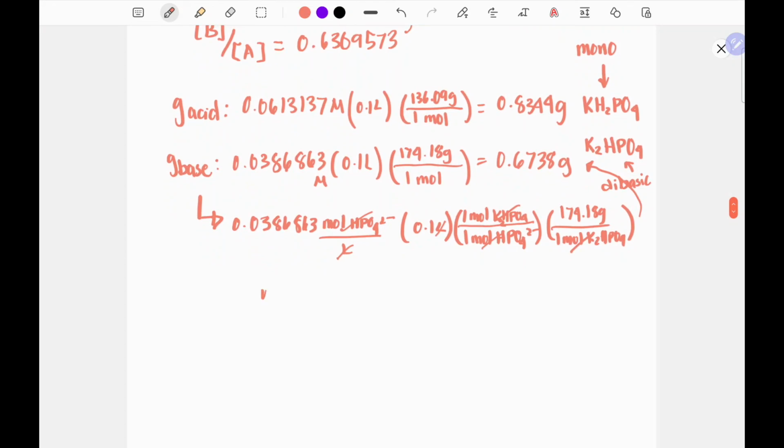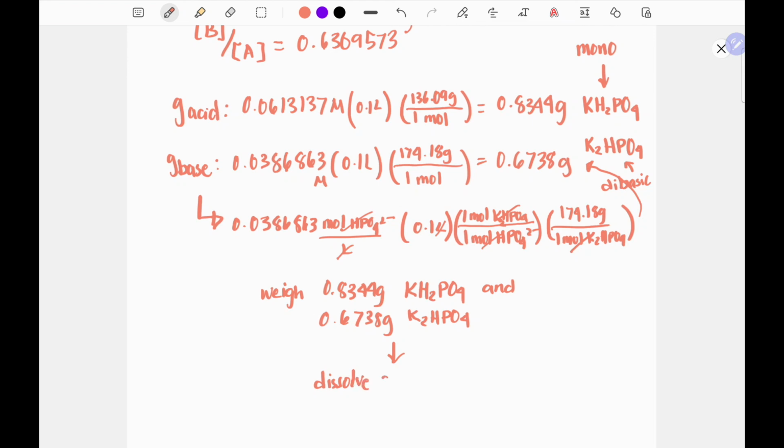So first and foremost, weigh 0.8344 grams monobasic potassium phosphate, and 0.6738 grams of dibasic potassium phosphate. Dissolve and dilute to 100 ml.